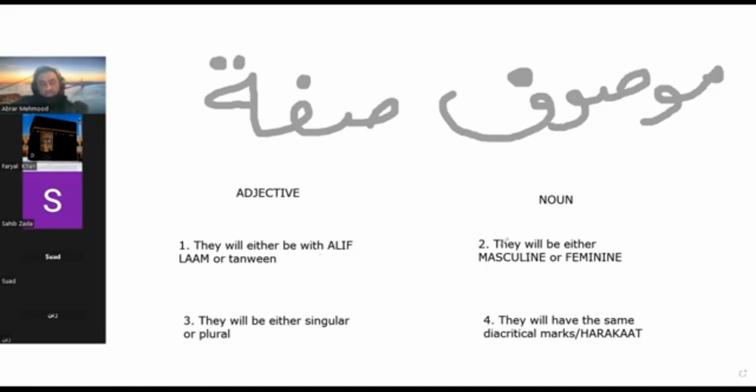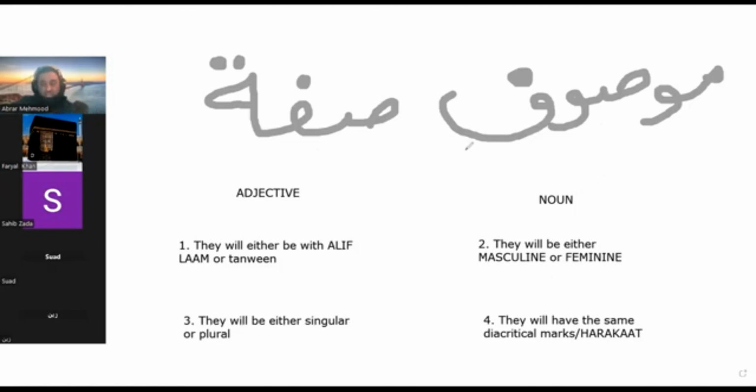Number 2, they will be either masculine or feminine. So if this one is masculine, its adjective will be masculine. If this is feminine, that will have to be feminine. Point number 3, either singular or plural. That does include dual as well, but generally they refer to it as singular or plural.